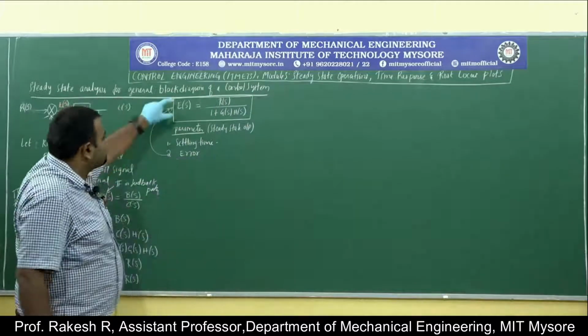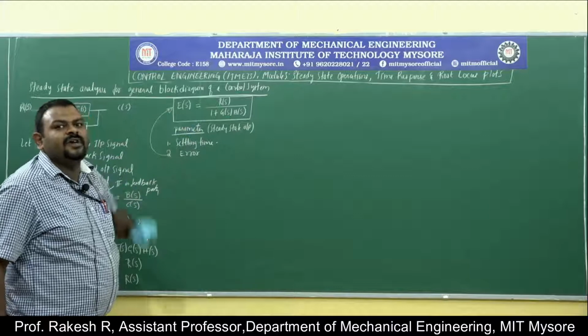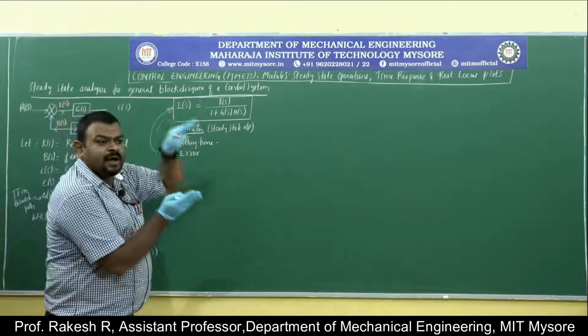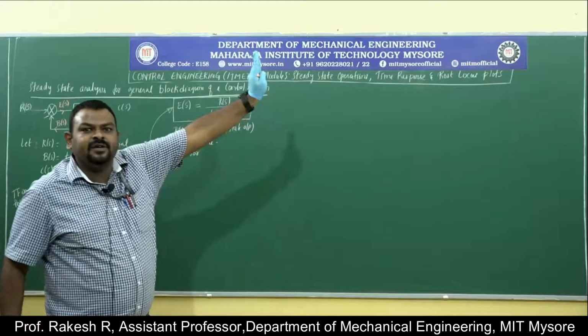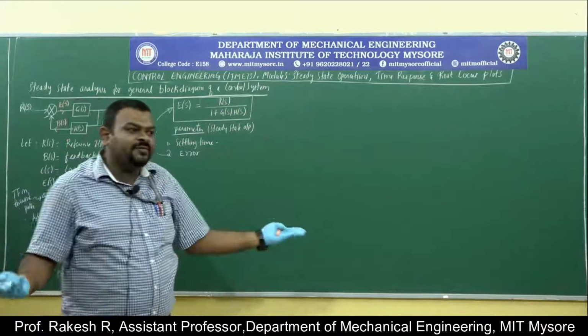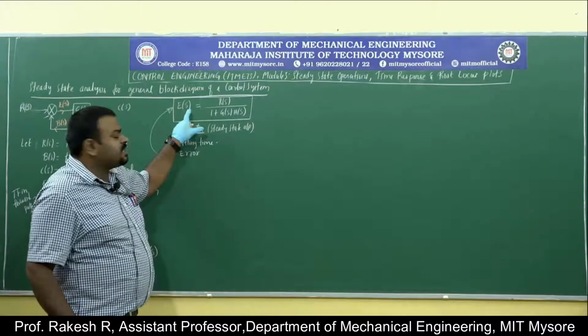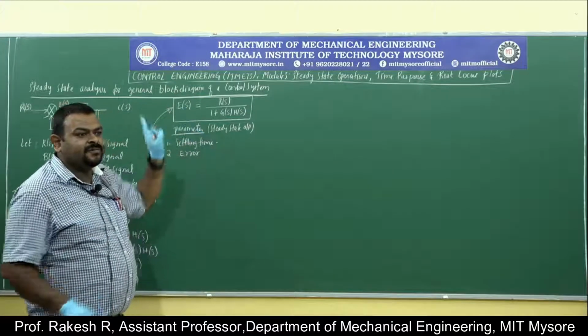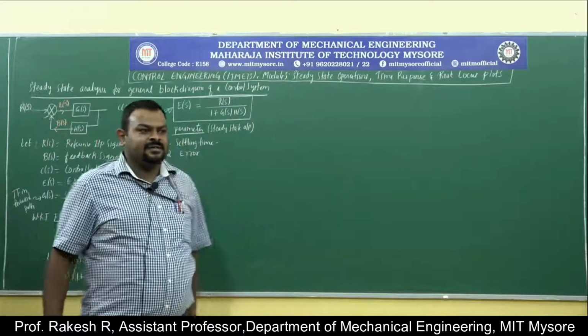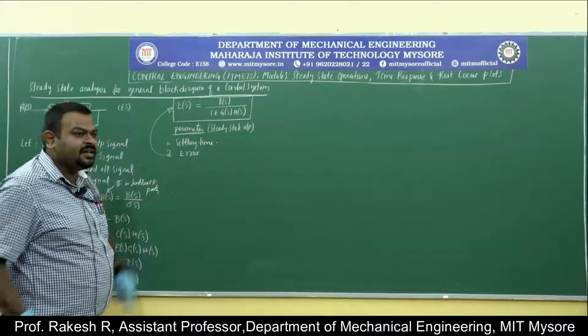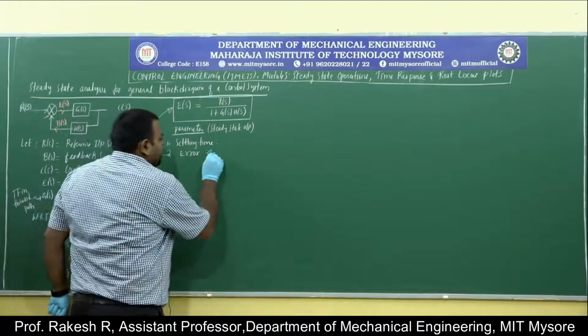This error is calculated in terms of an interval, because we need to maintain the stable output up to a certain amount of time. We don't know, up to infinity it might be there. That's why we need to study the variation of error from 0 to infinity. So that's why this E of S is taken under the limit, and that will be the steady state error.